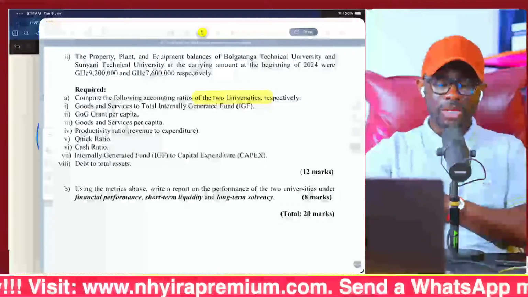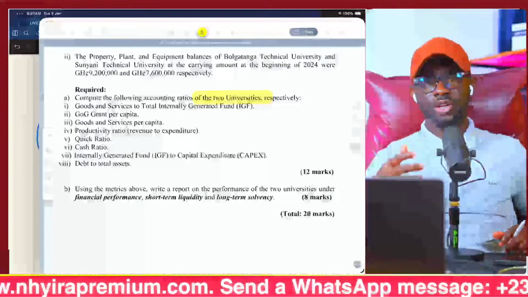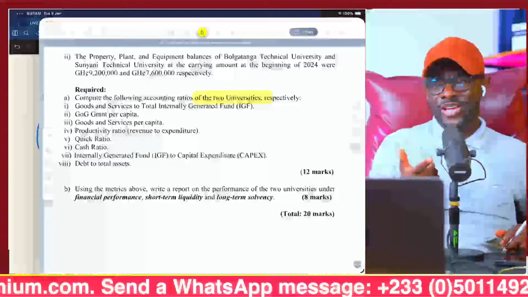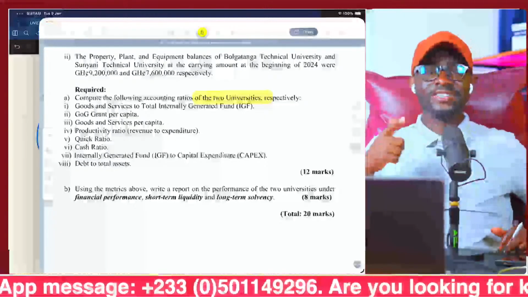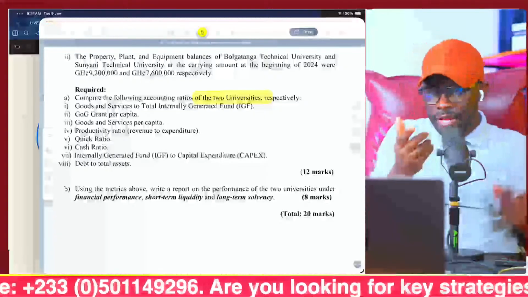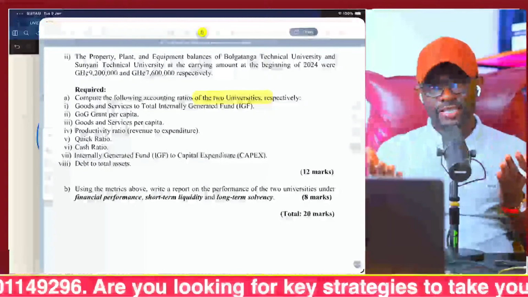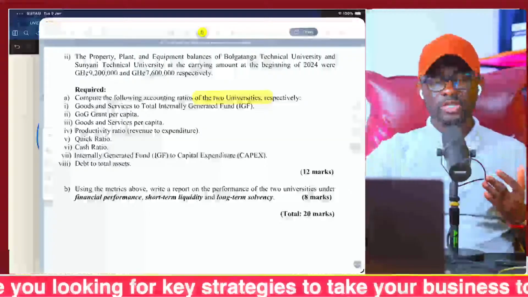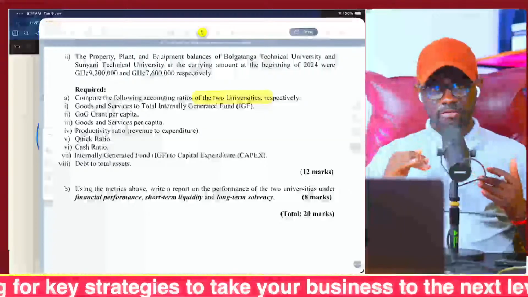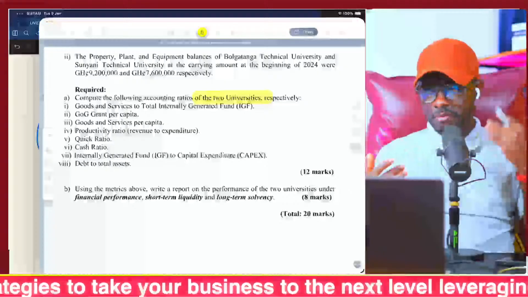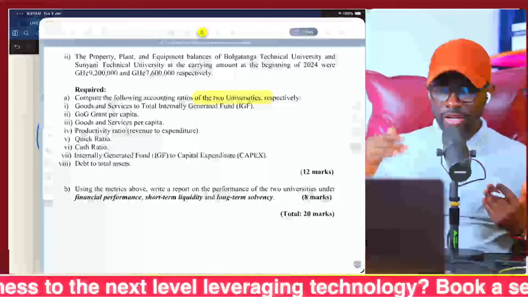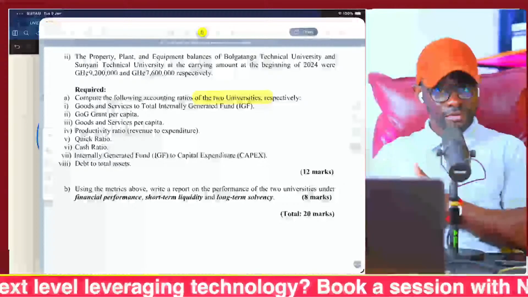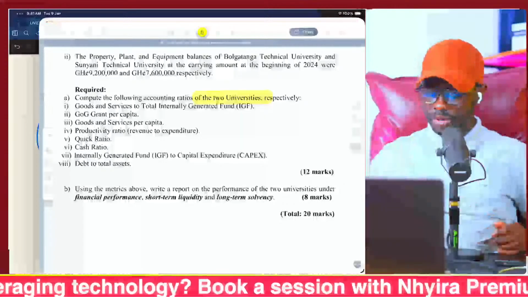It means that we have to be careful about the choice of words, because you cannot say the ratio has increased, the ratio has reduced, the ratio is rising, the ratio is falling, because these are two different entities. Instead, you are going to be using higher, lower, greater, less, perform better, perform worse, that kind of flow in the way you interpret. And we're going to be coming back to that as we go.